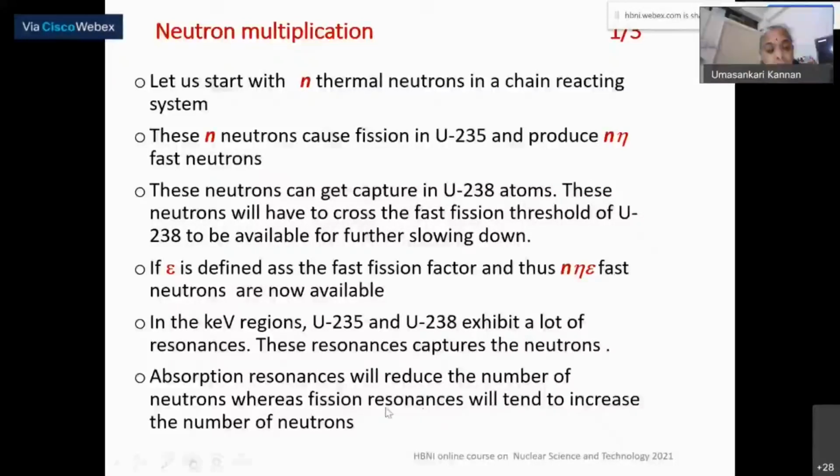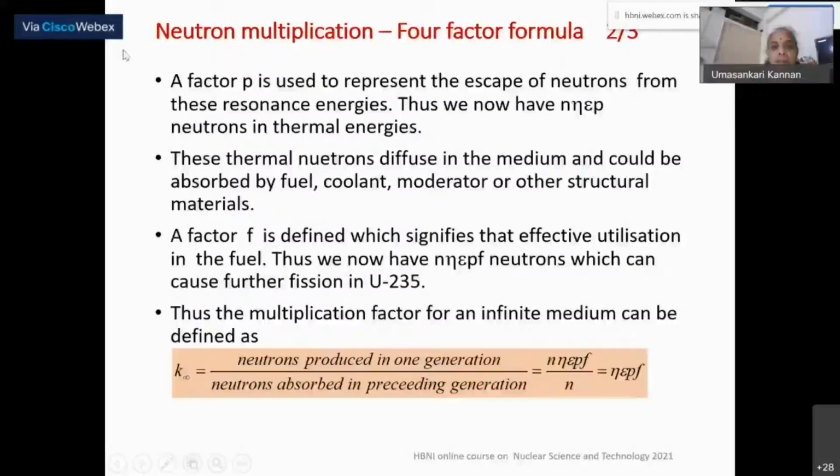So now we have n eta epsilon fast neutrons coming down to resonance energy regions and getting captured in the resonances. A factor P is used to represent the escape of neutrons from these resonance energies. They have to escape these resonances if it is a capture resonance, and then come to the electron volt energies to get slowed down further.